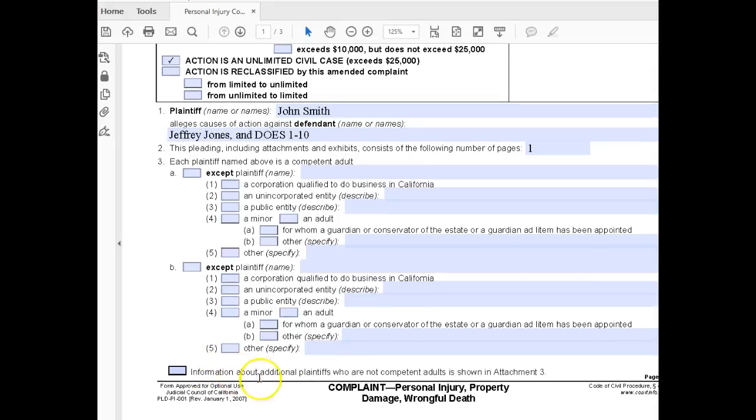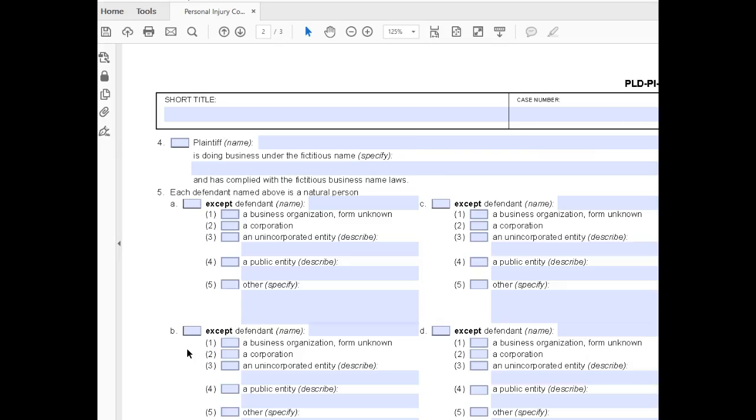This information about additional plaintiffs who are not competent adults is shown in attachment 3. If you had additional plaintiffs who were not competent adults, you click on this, and then you would attach a Word document where you write out more people's names and what they are.